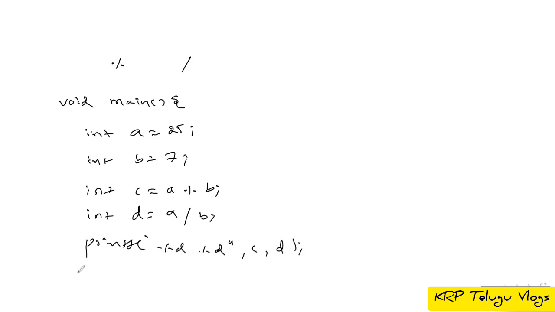What is the c value and what is the d value? C value 4, d value 3, sir. Okay, so 4, 3. Let us see. 25 divided by 7: 7 threes are 21. What is the remainder? 4. So does divided by give the remainder or the quotient? Quotient.